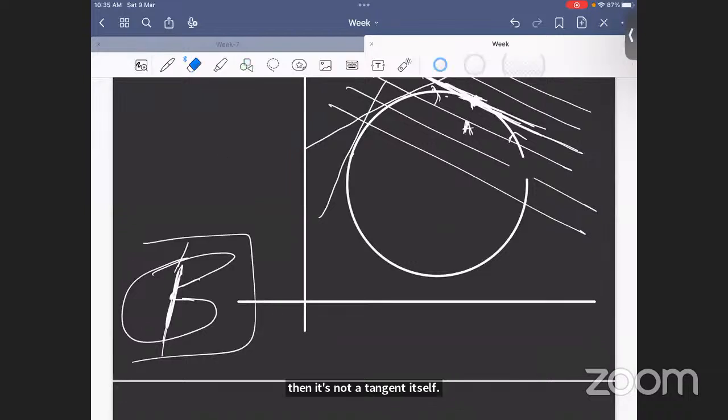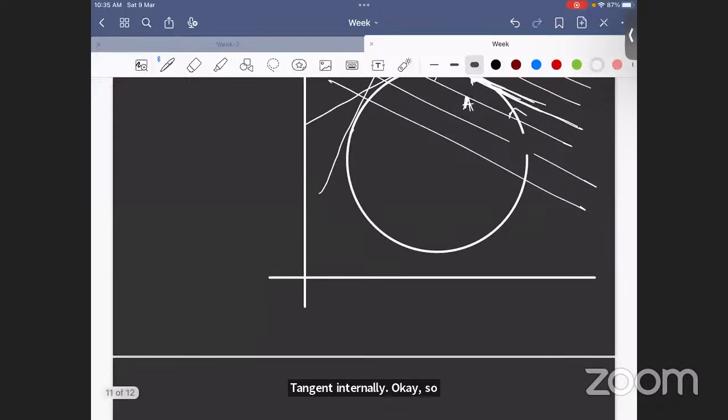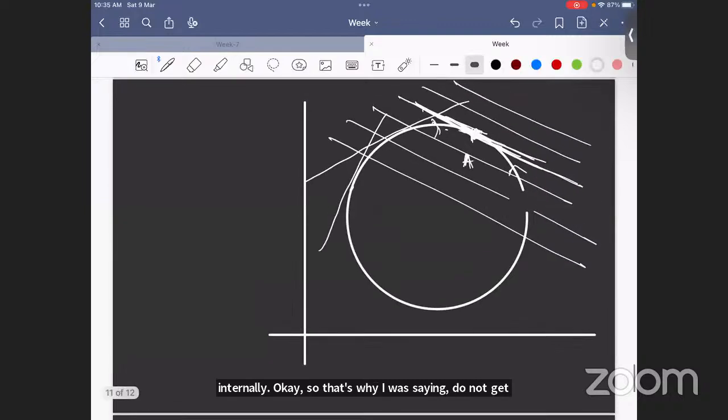So I didn't understand about this closed one. What happens if we draw the tangent internally? That's why I was saying, do not get confused with those types of functions, those types of curves we will not be dealing with at all.